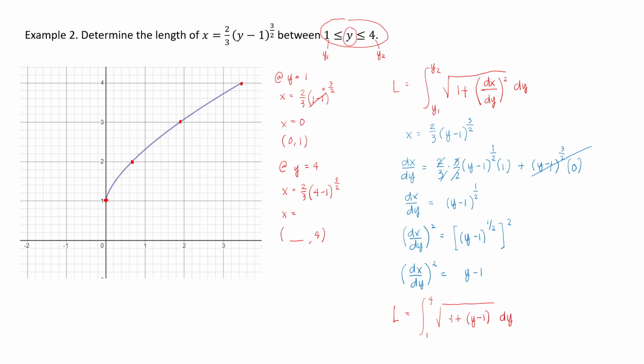But if you want to simplify, this simplifies to the integral from 1 to 4 of the square root of y dy, because positive 1 and negative 1 will cancel each other out. Since I already flashed the answer on the next slide, this is 14 over 3 units.